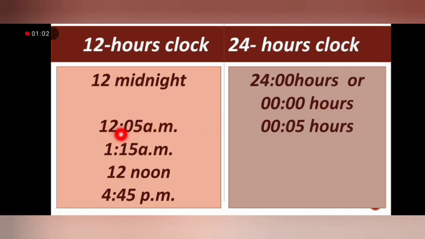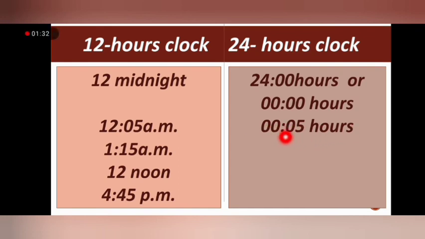So when we write 12:05 a.m., we will write in hours not 24:05, because 24:05 means we have gone to 25 hours, but only 24 hours are there in a day. So we don't have any 25 hours, so we will write 00:05 hours.